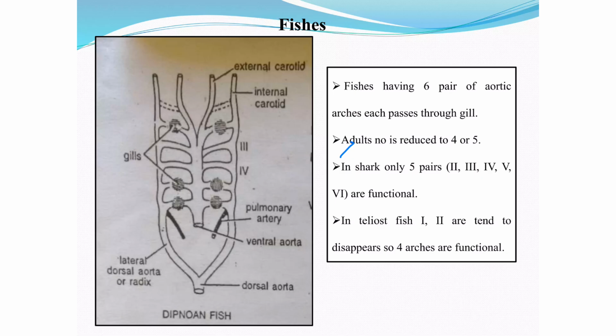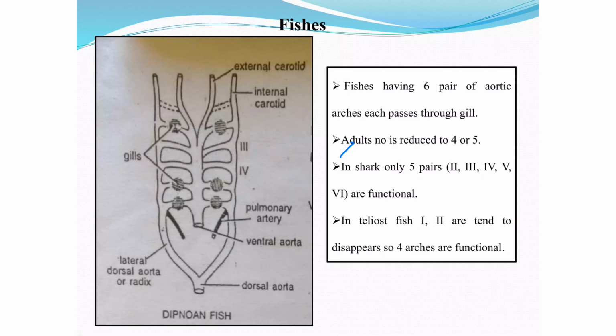It soon gets connected to the conus arteriosus. The ventral aorta runs forward and divides at its anterior end into two aortic arches. These aortic arches pass upwards and then turn posteriorly above the pharynx as lateral dorsal aortae.